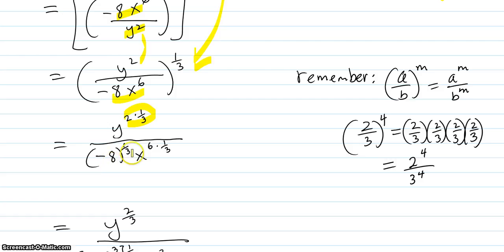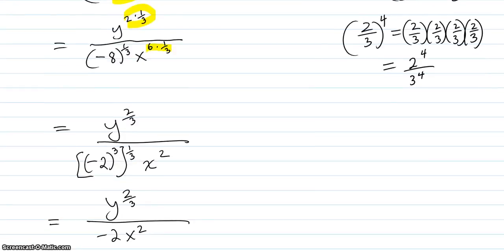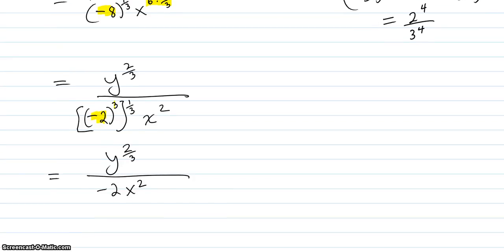Then you have negative 8 to the 1/3 power, x to the 6 times 1/3, that's x squared, y to the 2/3. Negative 8 is negative 2 to the 3rd power. So that's negative 2 to the 3rd times the 1/3 power. And you get y to the 2/3. The 3 times the 1/3 cancel out, and you just get negative 2. And you have the x squared. So this is it.